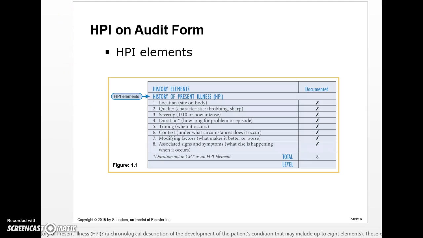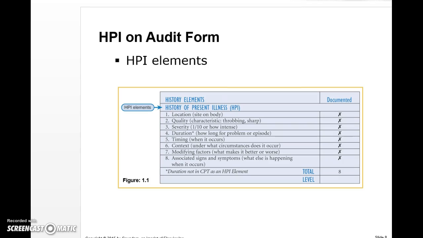We use an audit form. On the audit form, the history of the present illness will look like this. We will see the 8 descriptive elements: location, quality, severity, duration, timing, context, modifying factors, and associated signs and symptoms.